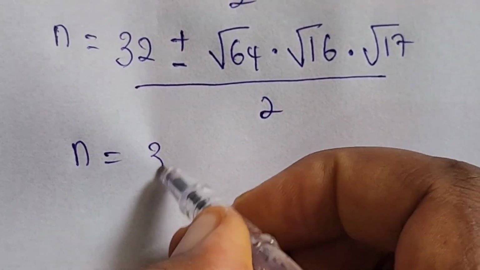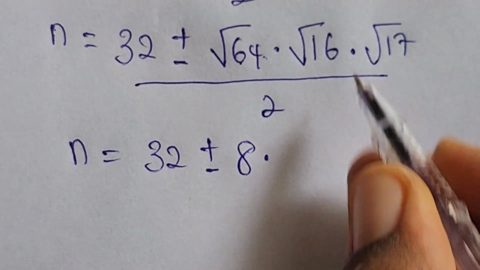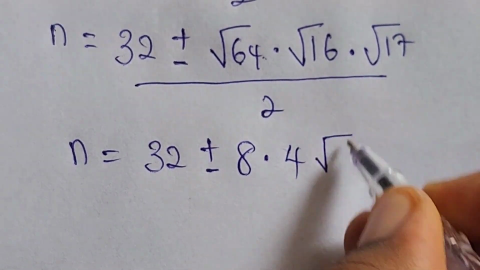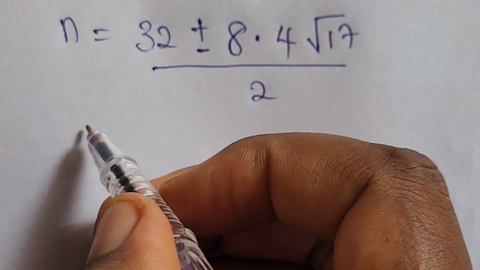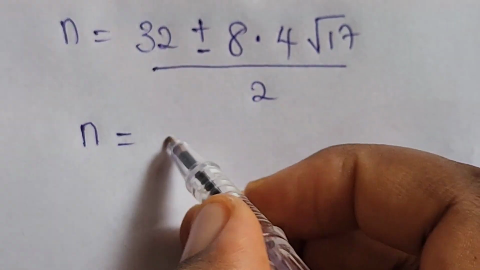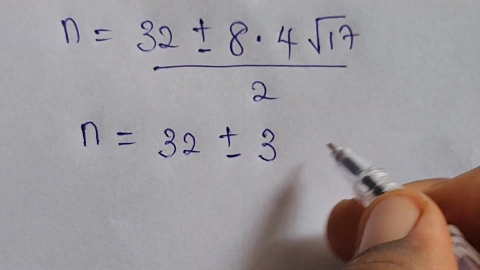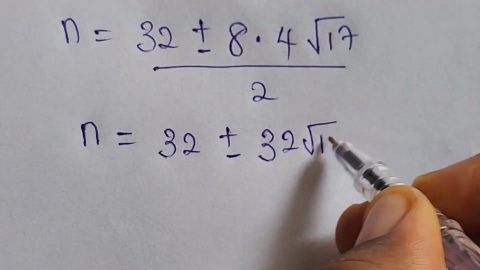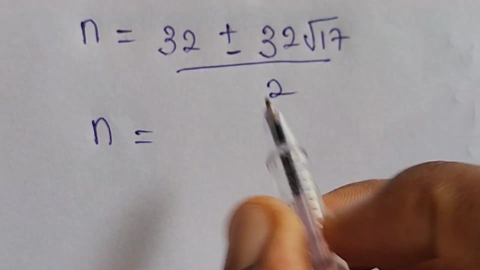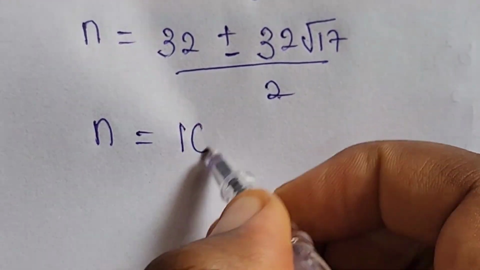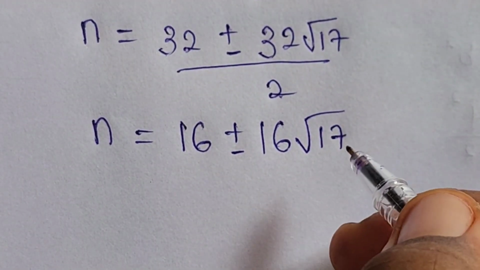So n is equal to 32 plus or minus the square root of 64, we have 8 times 4, and root 17 all over 2. So this gives us n is equal to 32 plus or minus 8 times 4, we have 32 root 17 all over 2. So n is equal to 32 divided by 2, we have 16 plus or minus 16 root 17.